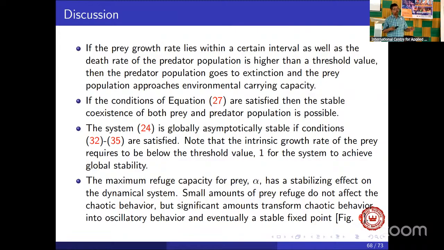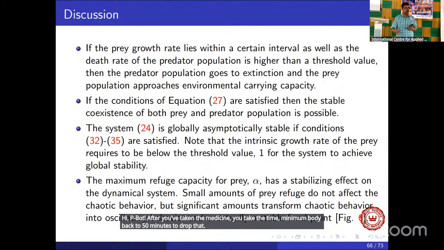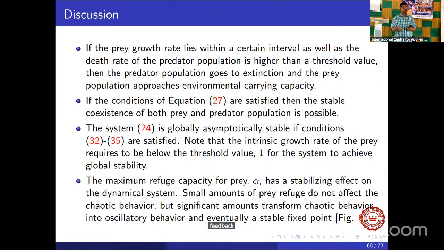After you take the medicine, it takes a minimum of 45 to 50 minutes to drop the fever. We want the fever to go down right now, but that will not happen. But the chaotic situation of this child will become stable after some time. That's why we have taken this type of model.